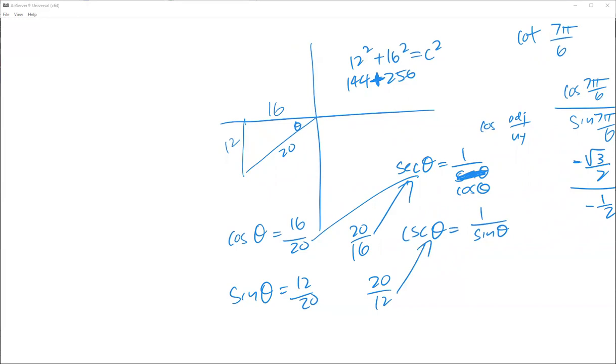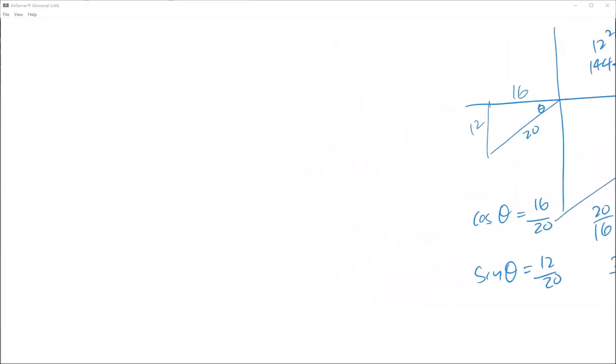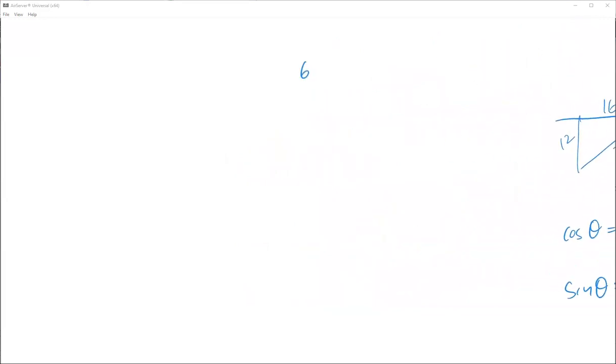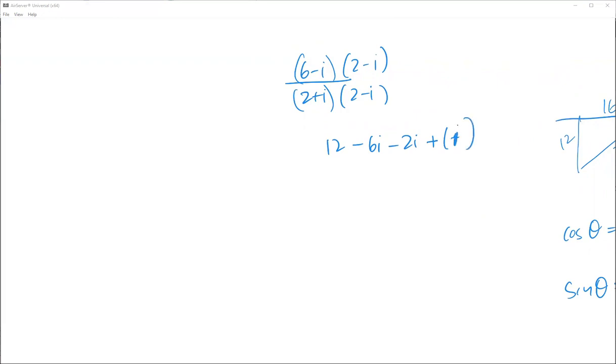All right. Number 19. It is 6 minus i over 2 plus i. You just multiply by the conjugate. So it'll be 12 minus 6i minus 2i plus i squared all over 4 minus i squared.